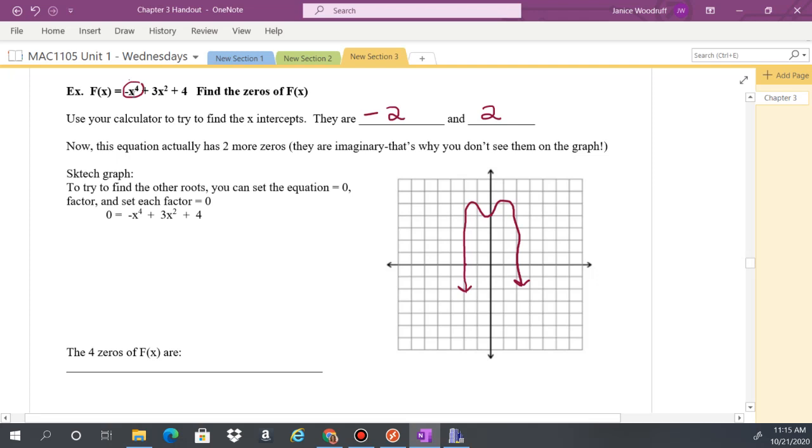Yeah, because it's a 4th degree. A quadratic has 2 zeros because it's squared, and a cubic function has 3 zeros because it's cubed. A 4th degree function, you're going to have 4 zeros. Sometimes they repeat; they have a multiplicity, but that's how many zeros you're going to have every time. So the degree is going to be the number of zeros.